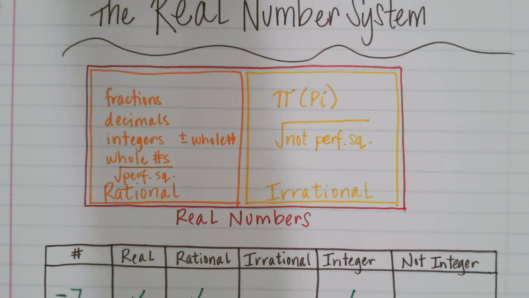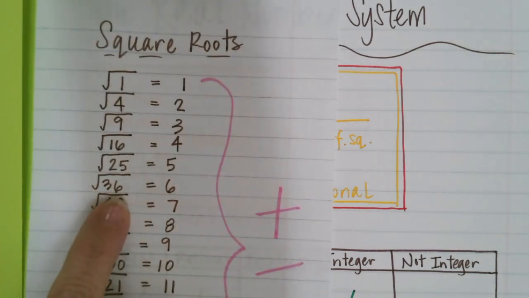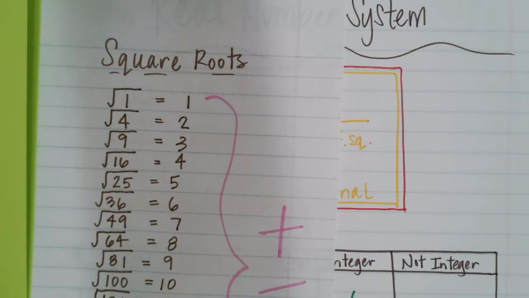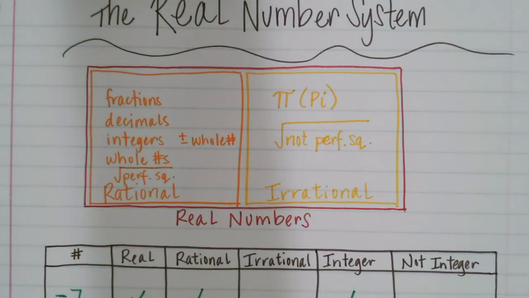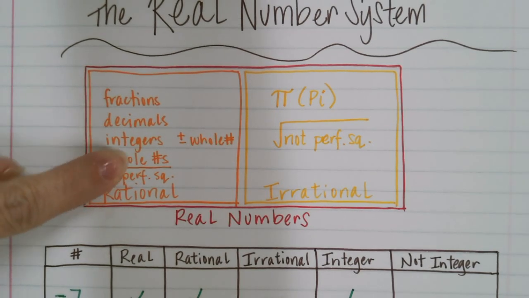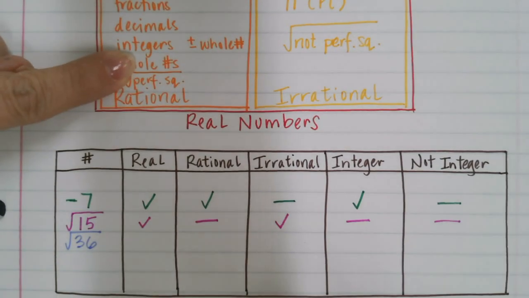I know what the square root of 36 is. So since I know that the square root of 36 is going to be positive or -6, then yeah, that one's going to be a perfect square. So the square root of 36 is on our list, which means that the square root of 36 is in this box right here.